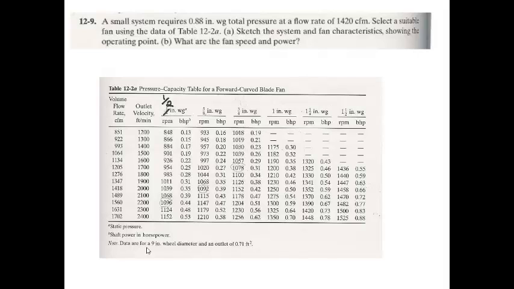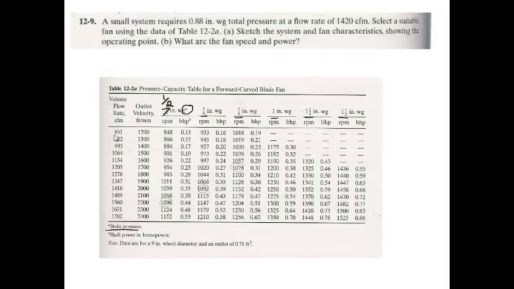And here what we're given, if you look at the notation down here, according to the subscript A, this is actually static pressure. So here we have 1/2 inch, 5/8 inch, 3/4 inch, 1 inch, 1 1/4, and 1 1/2 inch of static pressure. This column gives us the total flow rate.